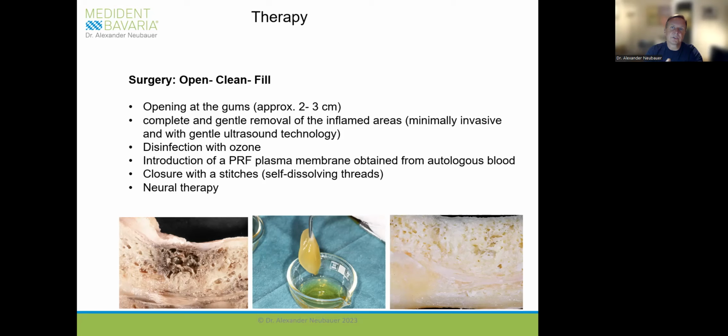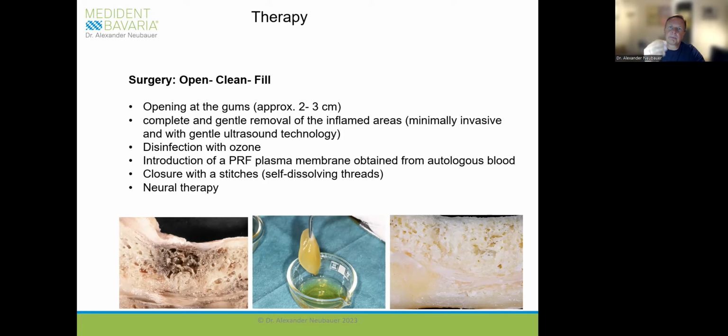So before the surgery, we draw blood and make a centrifugation with your own blood, and thereby we gain the PRF membranes. And on the middle picture here, you see what the PRF membranes look like. What is special about the membranes is that they contain a lot of healing cells and stem cells.